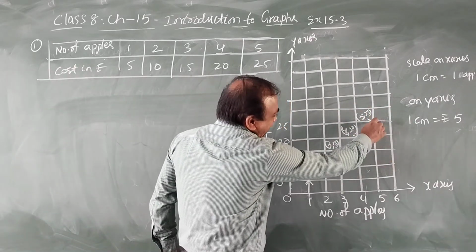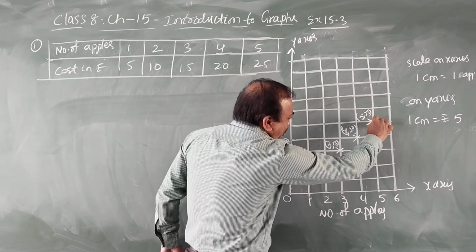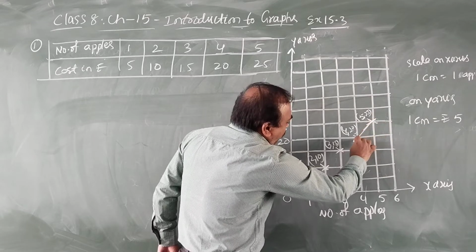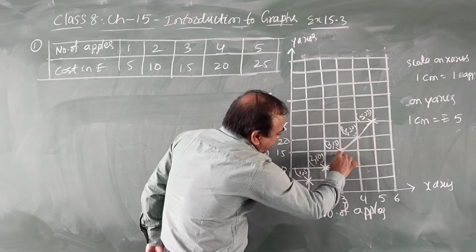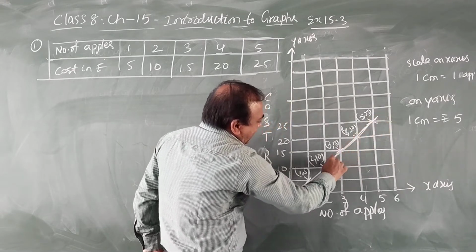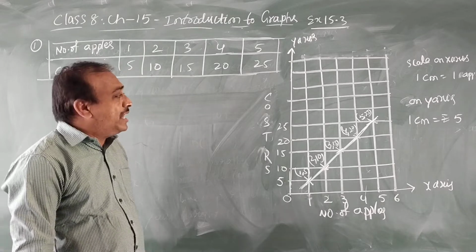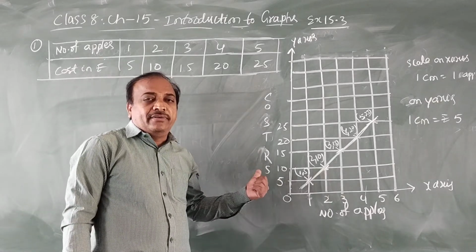Now join these points with the scale. Place the scale and join. There you get an unbroken line. This is called a linear graph. Is it clear?